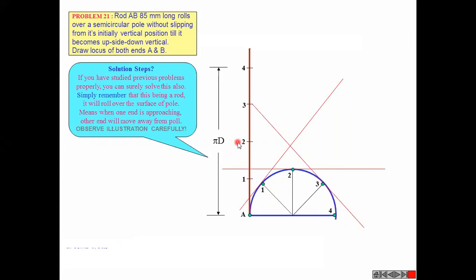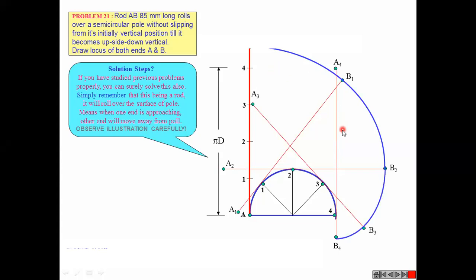Then it will be horizontal, meaning P will come here, then B will come here, A will go upwards, and finally B will come here, A will come here, upside down from this to this. This is the B locus and this is the A locus.